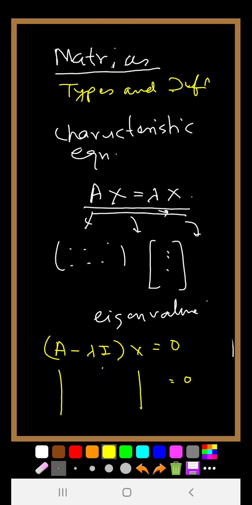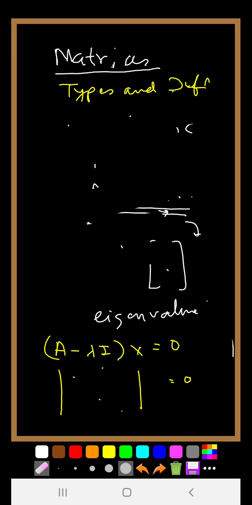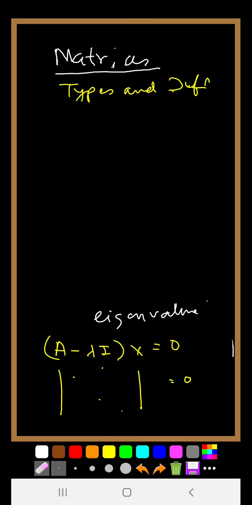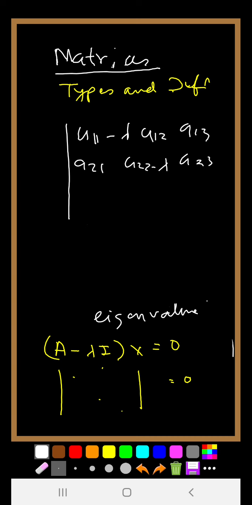So by this we mean that every diagonal element will now be replaced by minus lambda I. It will look something like this: a11 minus lambda, a12, a13, a21, a22 minus lambda, a23, a31, a32, and a33 minus lambda. So all the diagonal elements have now changed.